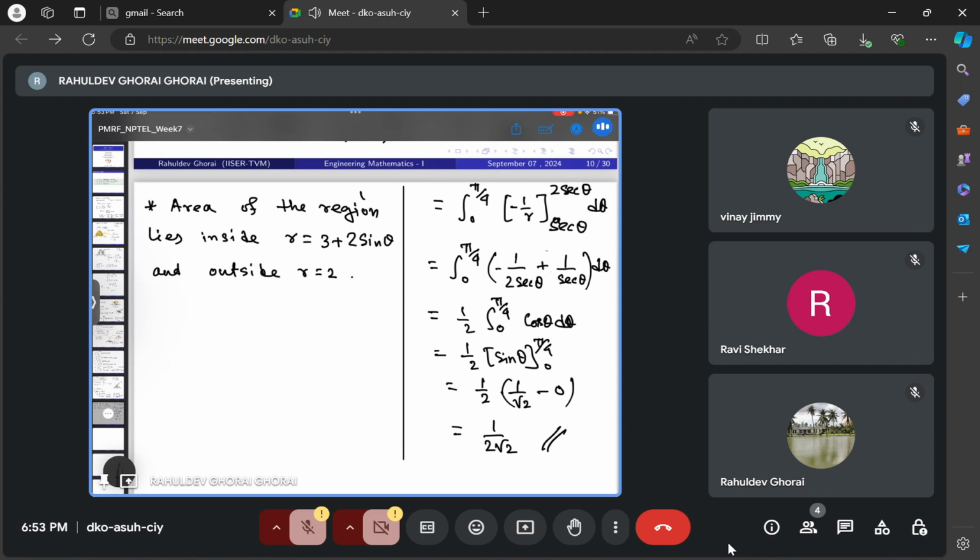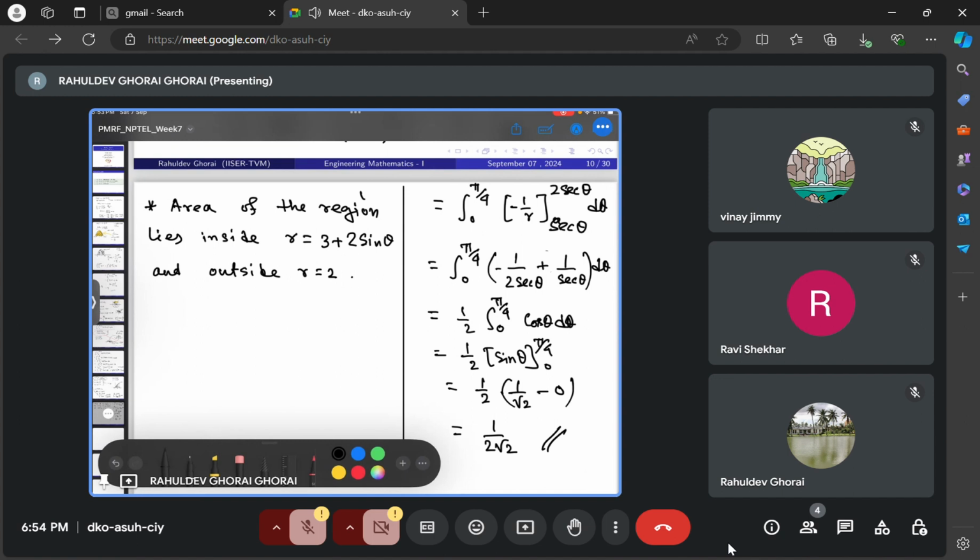First of all, when this type of question is there, try to draw the region first. What is the region? Once you can draw the region, then you will know where to take the limits and all these things. Let's draw it.